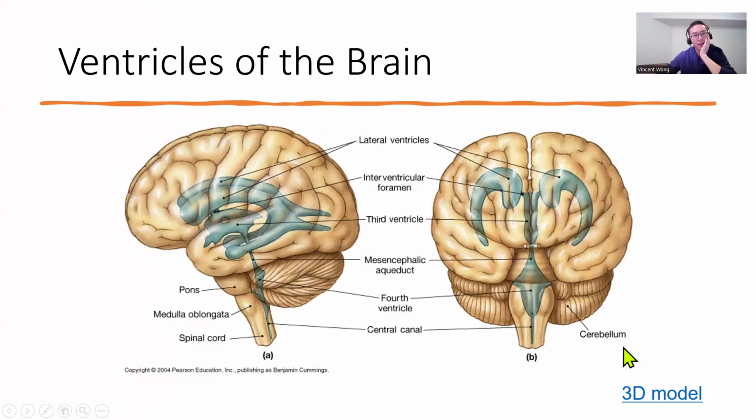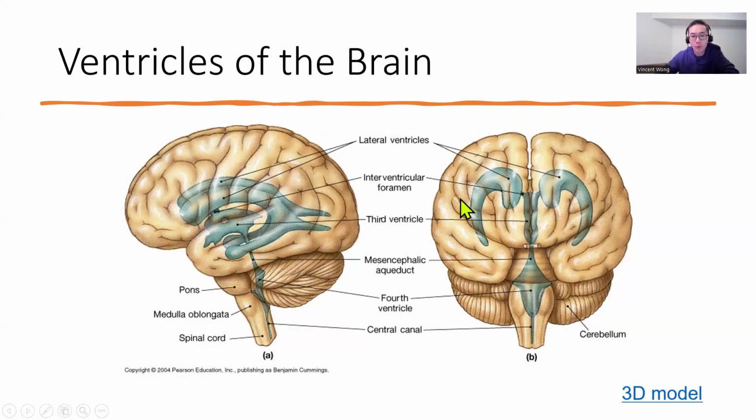All right, so here we have the brain, but it's a see-through brain. If you have X-ray vision and you can see past the surface structure of the brain, then you can see the inside of the brain like that. So if you look at it from the front, you can see there are like two horn-like structures inside the brain, inside each half of the brain, right?